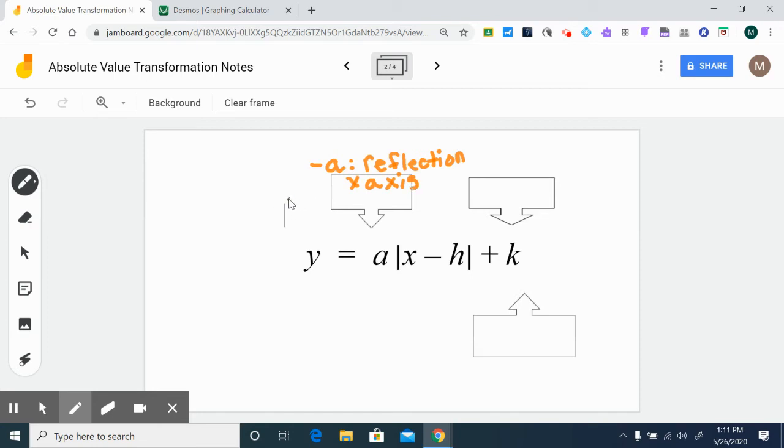If we have an a value that is bigger than 1, that's a vertical stretch.